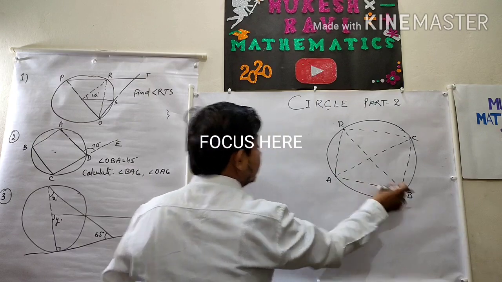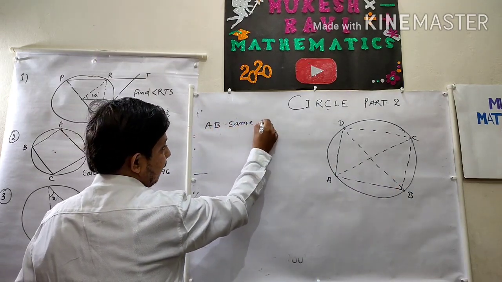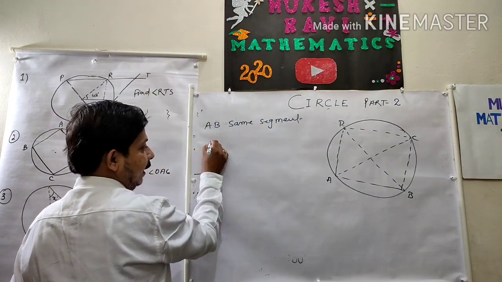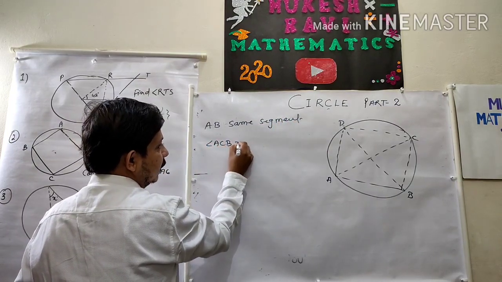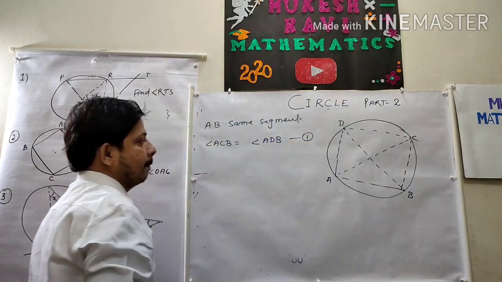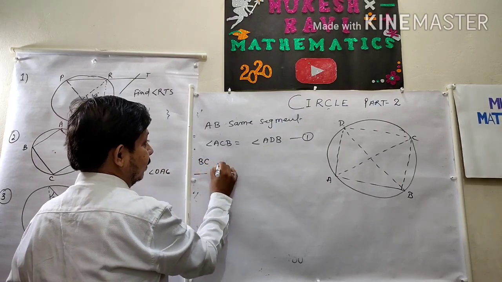So if AB is a same segment, I will write angle ACB is equal to angle ADB, equation 1. And then BC is a same segment.